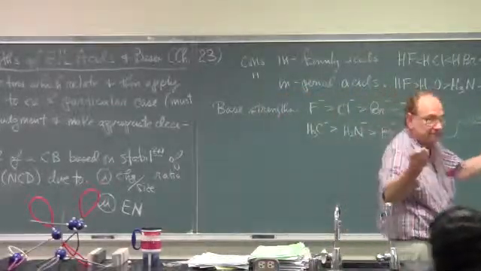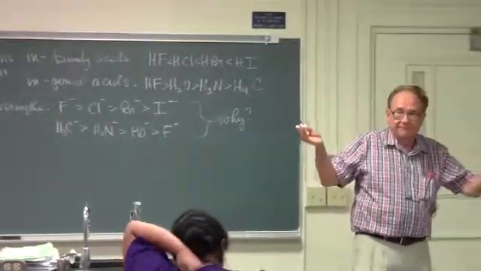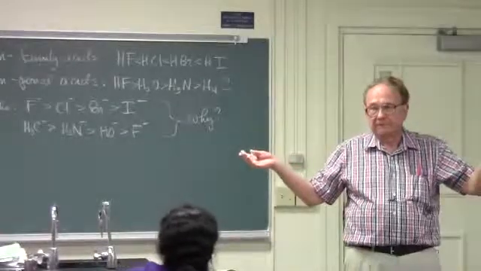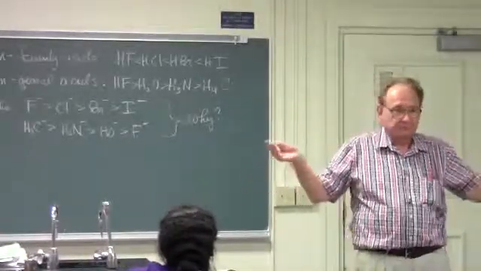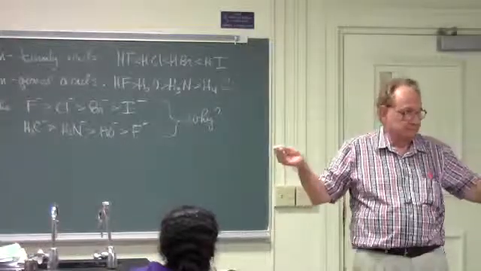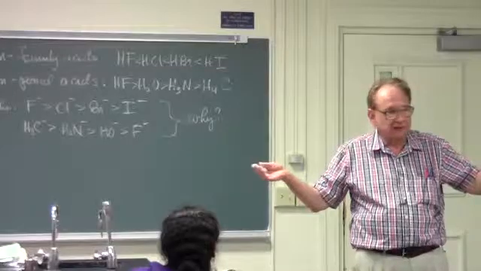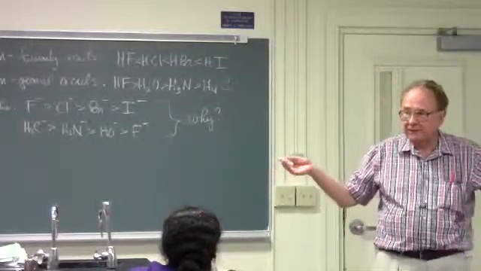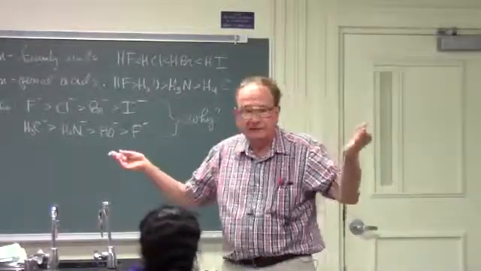I got two anions. They're the same size. One anion is derived from an atom of greater electronegativity than the other. Which anion will have the greater effective negative charge density? The anion derived from the atom of greater electronegativity, or the anion derived from the atom of smaller electronegativity?